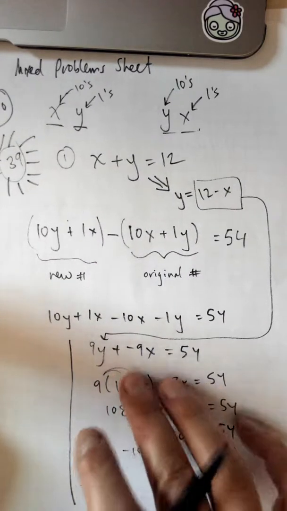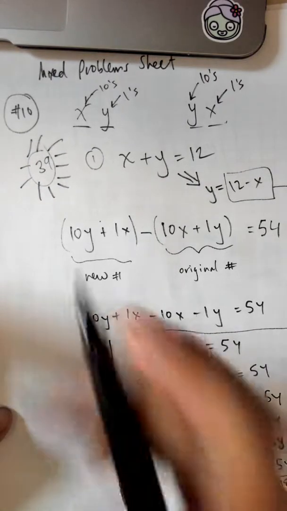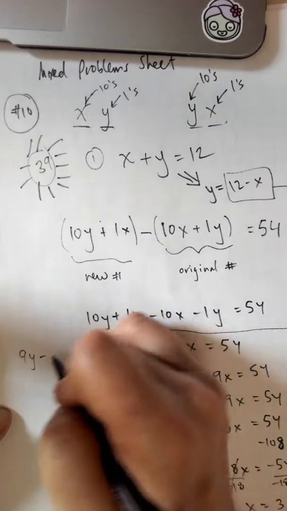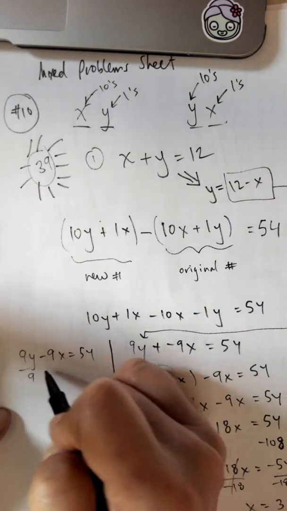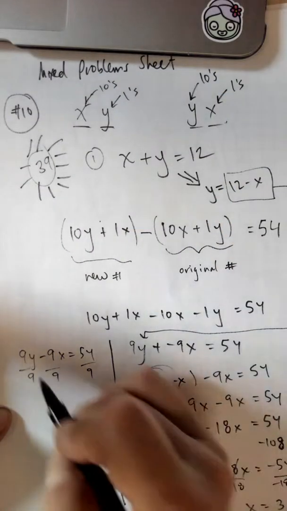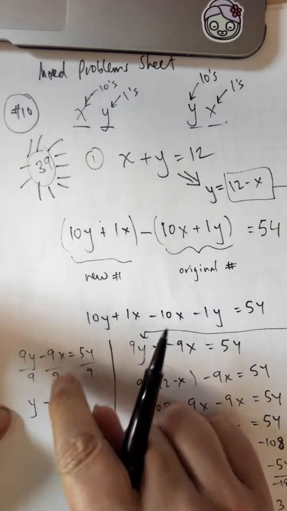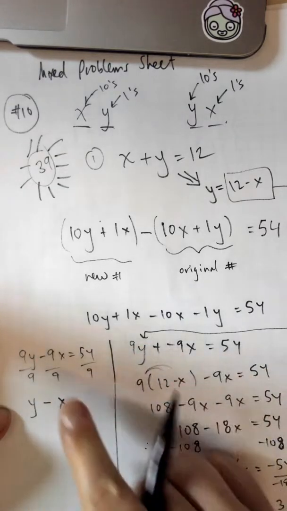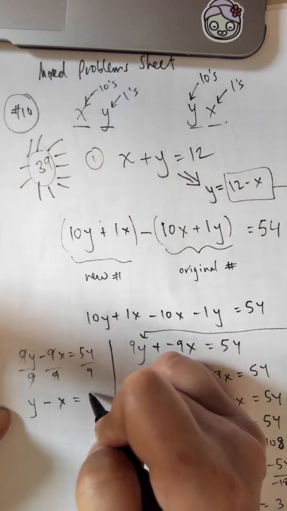Now, if I'd done it a different way, I could have taken this equation, 9y minus 9x equals 54, and divided everything by 9, every term. Anything divided by a plus, a minus, or an equals. So that becomes y minus x, because the 9s cancel, and 54 divided by 9 is 6.